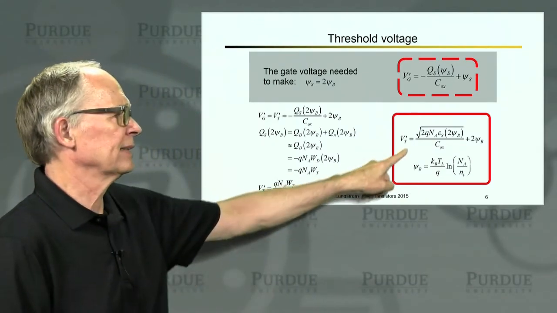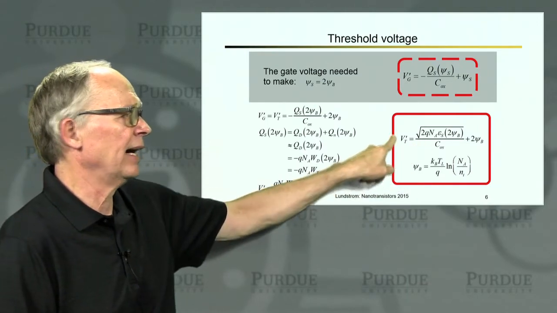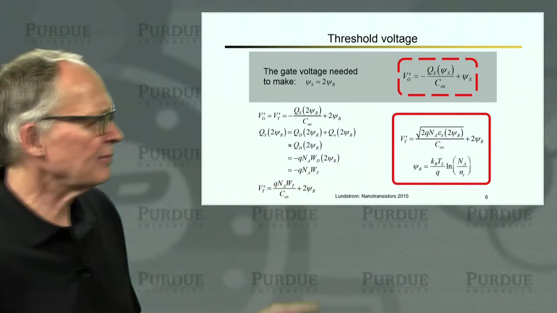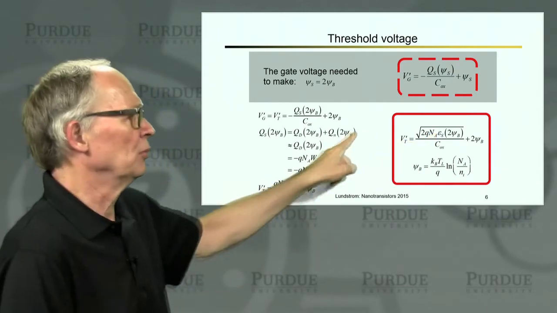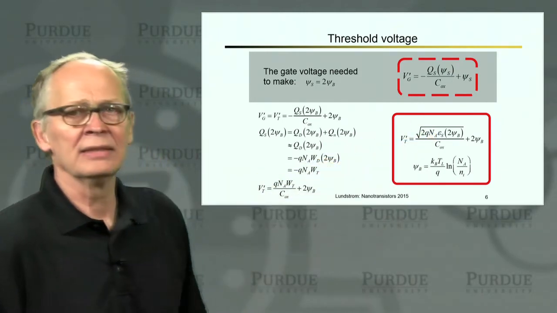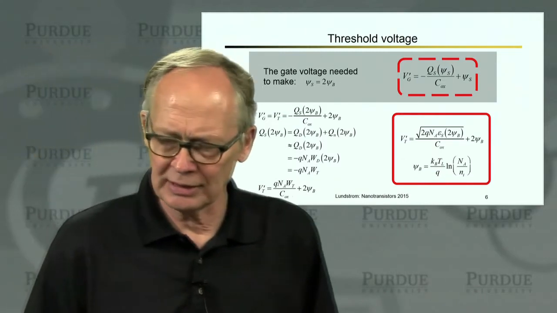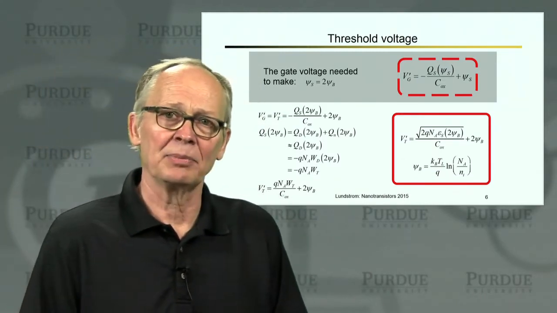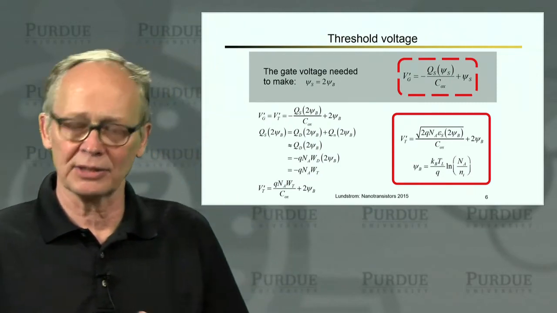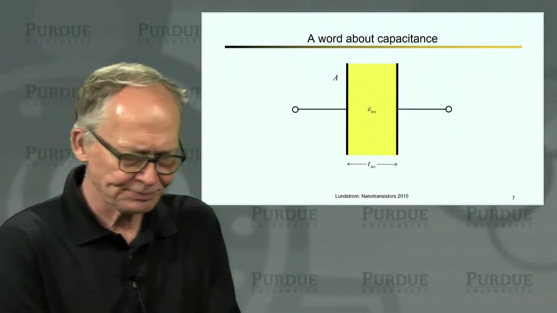A lower capacitance is going to then give me a higher threshold voltage. If I have a higher doping density, I'm going to get more charge in the semiconductor, and I'm going to get a higher threshold voltage. So we can tune the threshold voltage to what we need it to be by playing with the doping in the semiconductor and the thickness of the oxide.